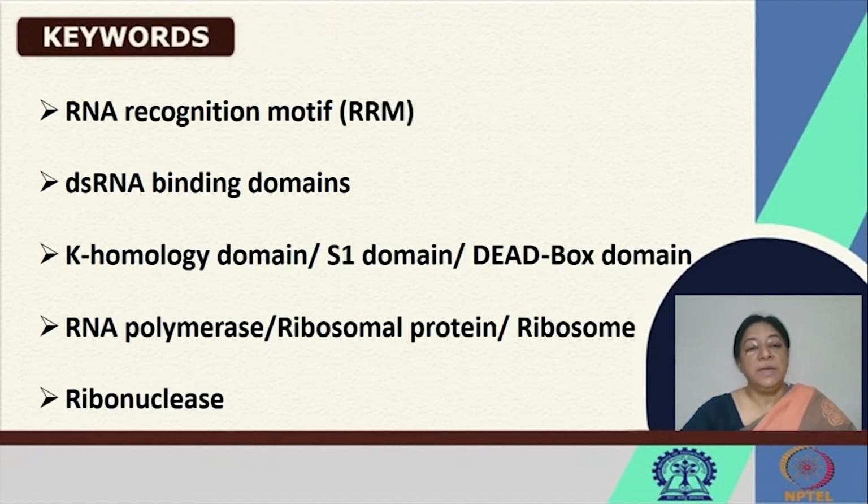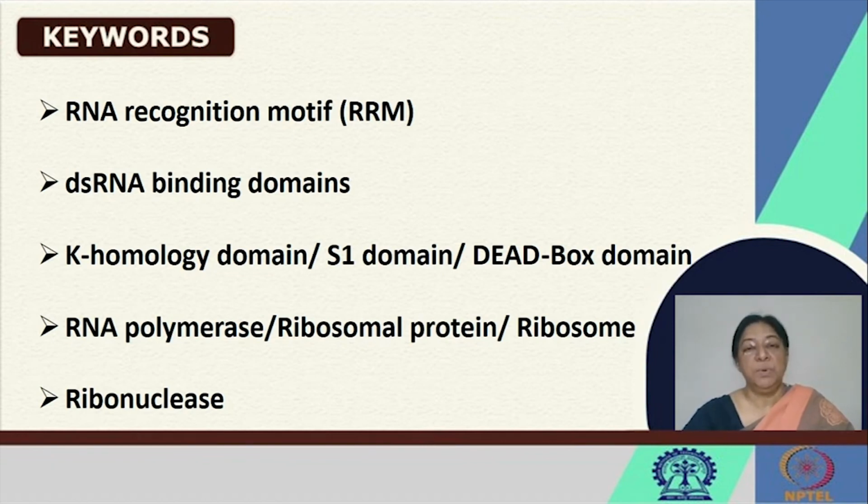In the RNA recognition motif, which is important in the interaction process, we will be looking at the several domains that are known: the double-stranded RNA domain, the K homology domain, the S1 and the DEAD box domains. And then we will look at specific proteins, RNA polymerase, the ribosomal proteins and ribonuclease.